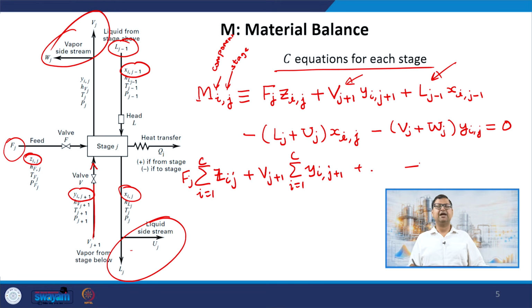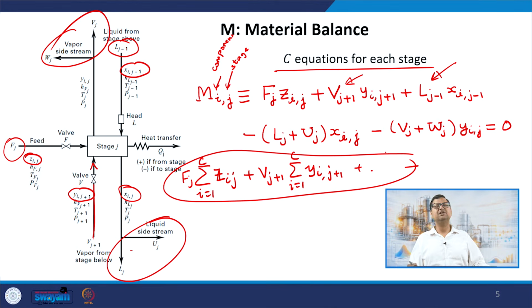And if I take the summation equations as given, in that case what we are going to get is basically the total material balance becomes meaningless, right.